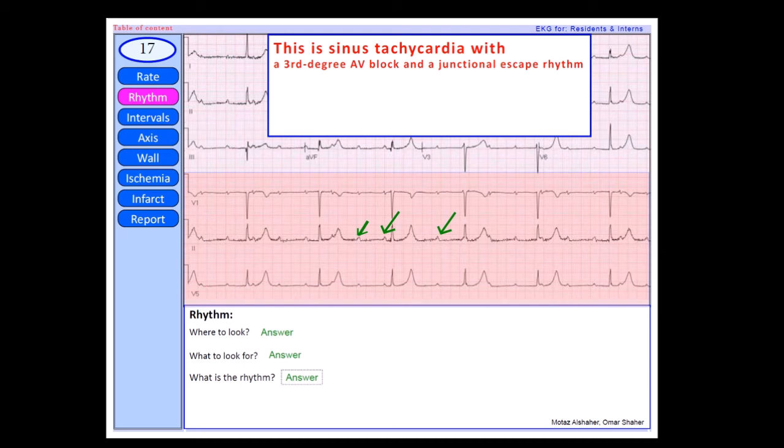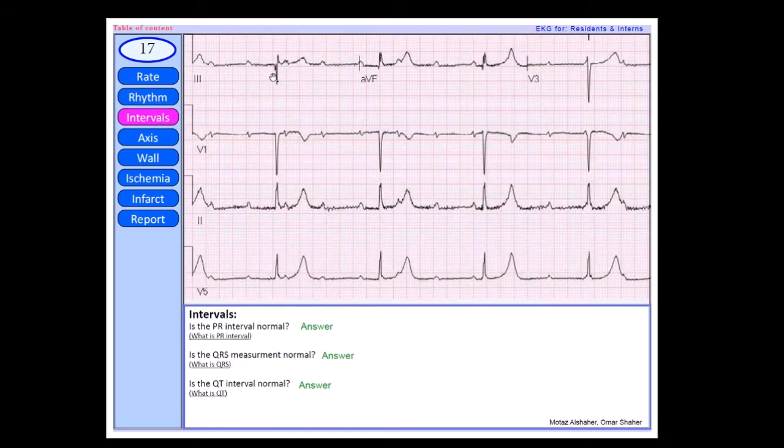Next, the intervals. Okay, we look at the PR interval, QRS, and QT intervals. Now PR cannot be measured because there is no relationship between P waves and QRS complexes. QRS looks normal, narrow.